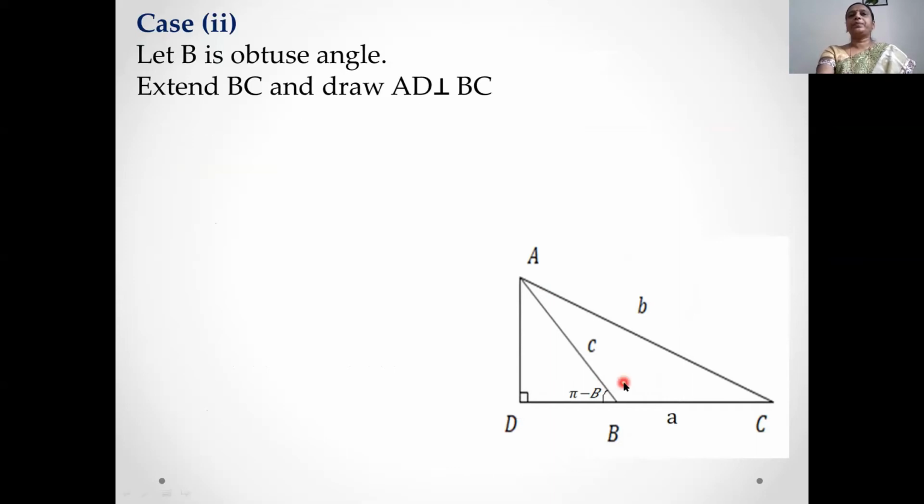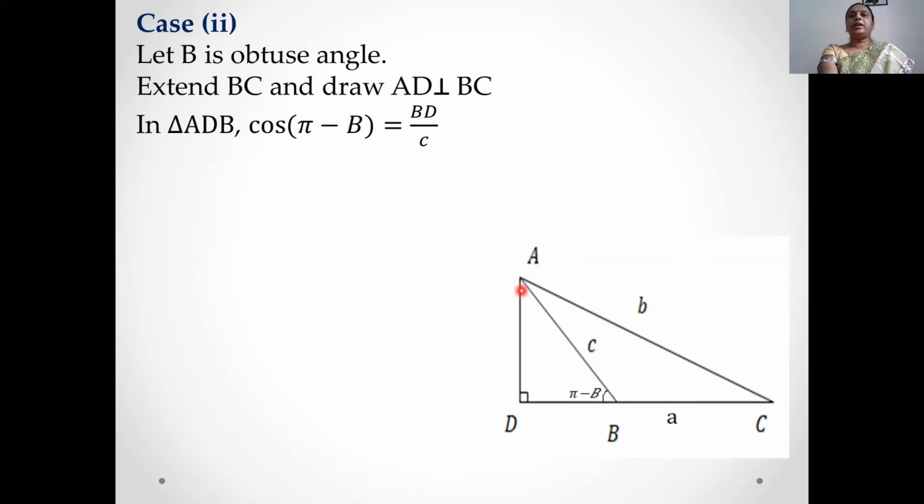Now if this angle is B, then in this triangle ADB, this angle must be pi minus B, because angle ABC and angle ABD are linear angles. Therefore, the addition of these two angles must be 180 degrees.